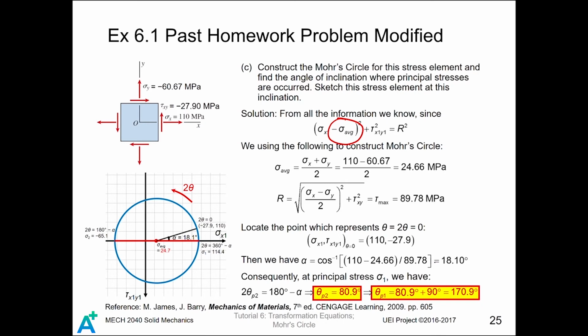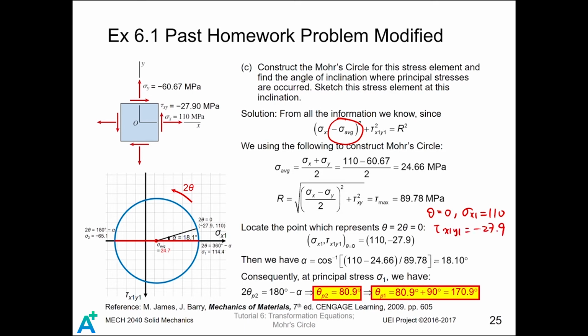In the previous parts, at theta equals 0, we know that sigma x1 equals 110 MPa, and consequently we used our transformation equation to find that the shear stress is minus 27.9 MPa.